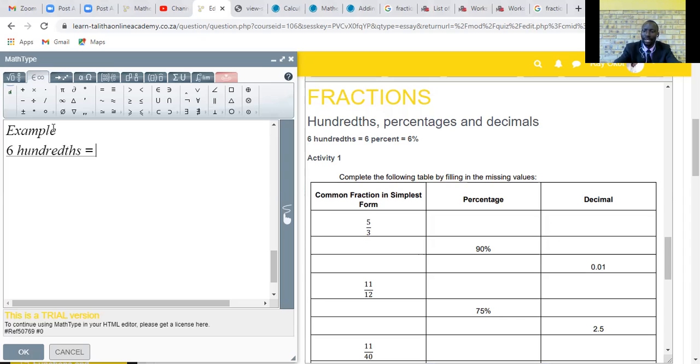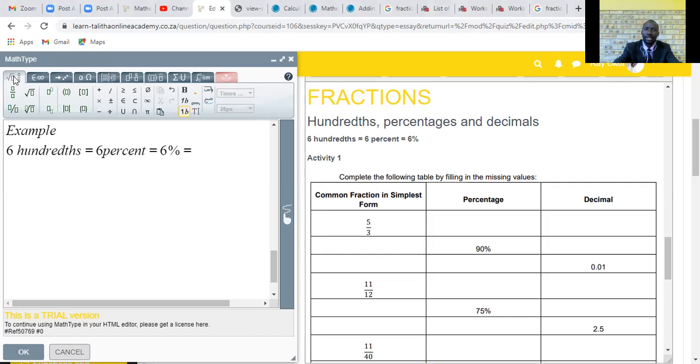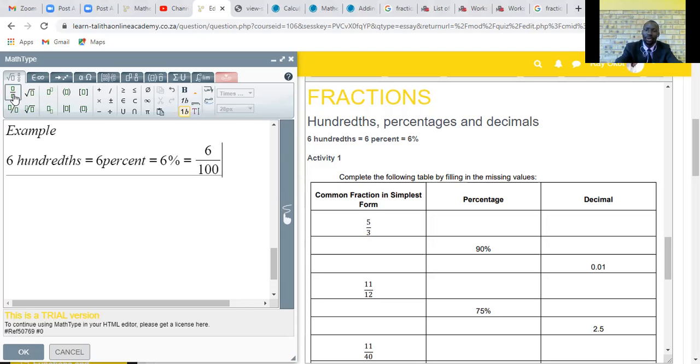Well, we say this could be written as 6%, or simply 6 with this notation. Now, when we are done with the notation, we can go ahead and write it in fraction form. And so we are going to have a 6 over 100. This way, what we get is 0.06. That is what we get.